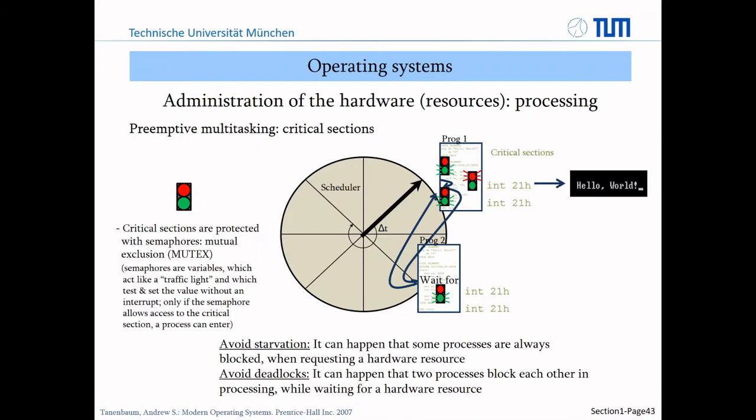So what is the starvation? It can happen that some processes are always blocked when requesting a hardware resource. So it's what I explained. Or it can also happen that you have a cross-link between two processes, so that two processes block each other while waiting on a hardware resource. So that one process waits on the other process and the other process waits on the one process.